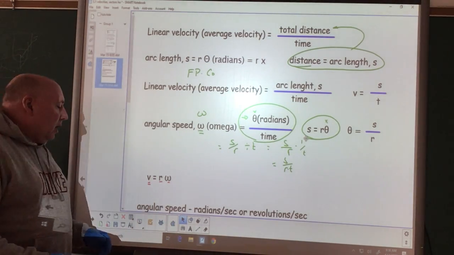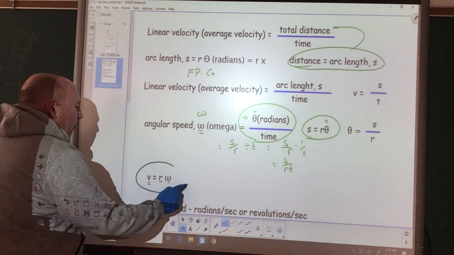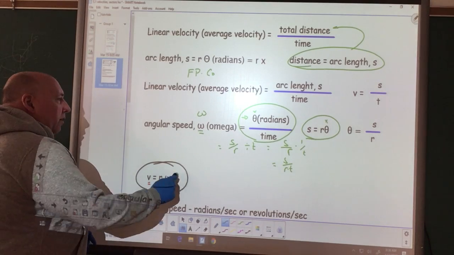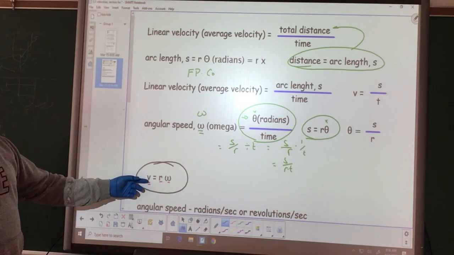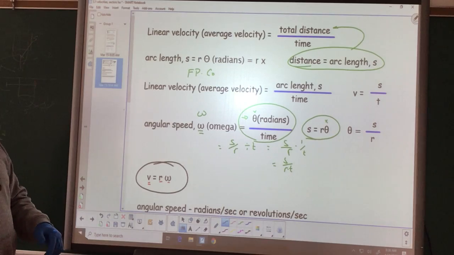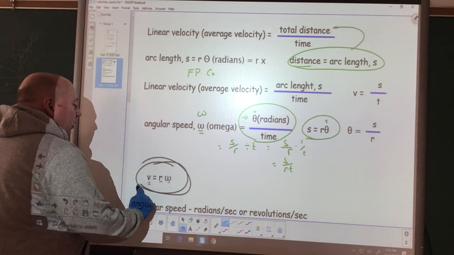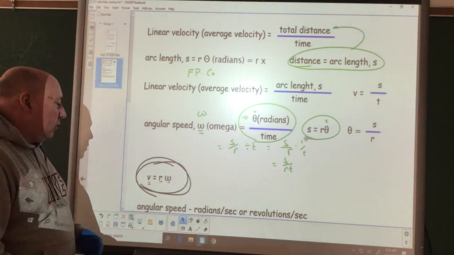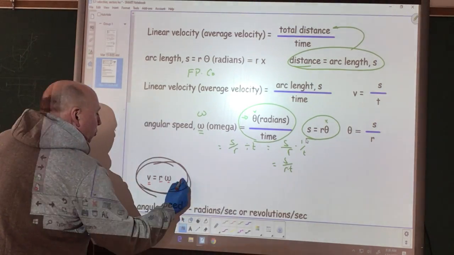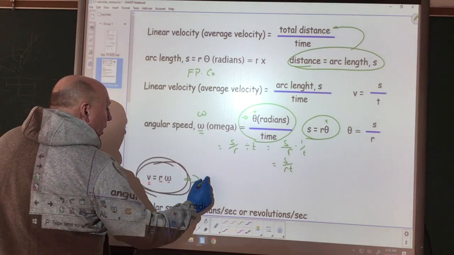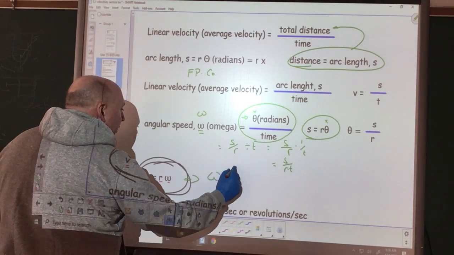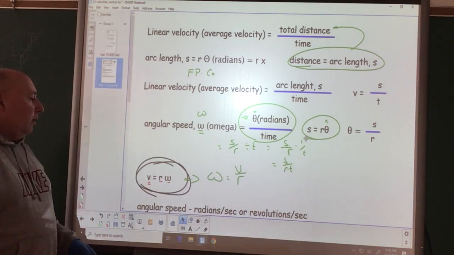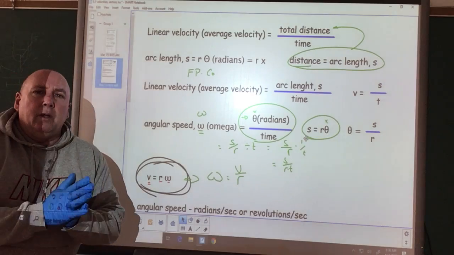Then we have linear velocity is equal to radius times your angular speed. I would know this one also and be able to manipulate it. So angular velocity is equal to linear velocity divided by our radius, dividing both sides by r.